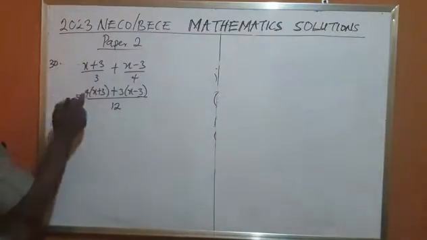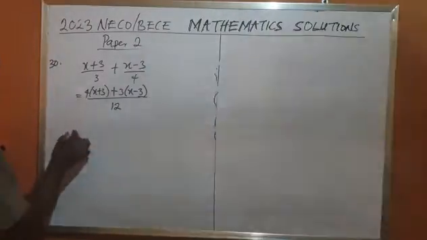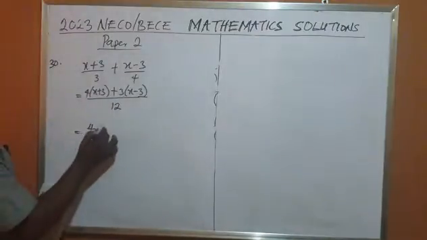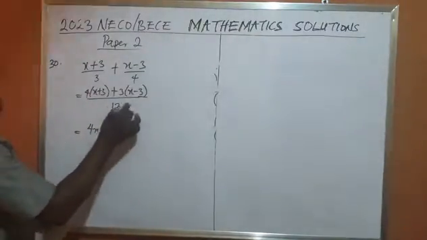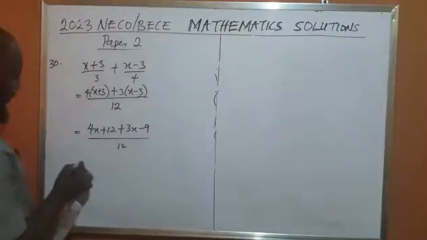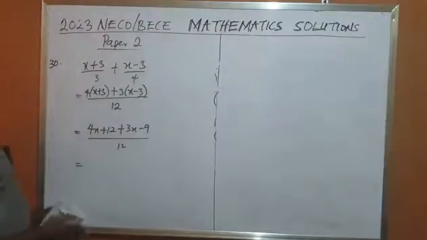That would make it wrong. If you open the bracket, then you have 4x plus 12 plus 3x minus 9, everything divided by 12. It's the same way of saying make this one a single fraction.